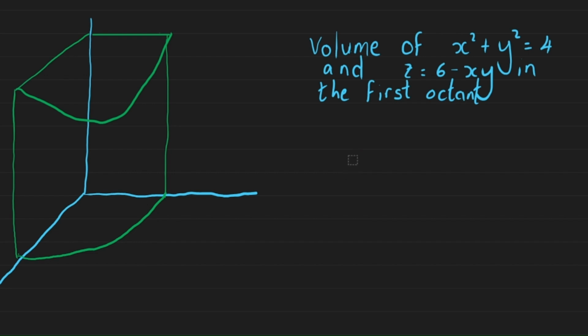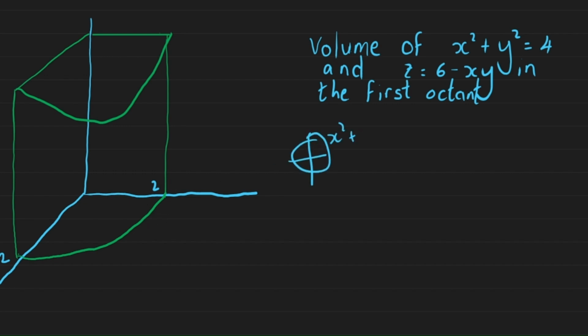And what we're considering is the cylinder x squared plus y squared is equal to 4, also intersecting with the plane z is equal to 6 minus xy. So we can see that this is our cylinder. We can see the shape of the cylinder, and we know that the x and the y intersections are equal to 2, because that's how we draw our circle.